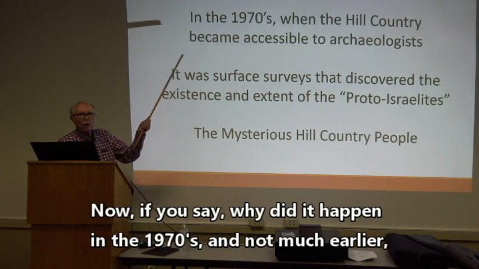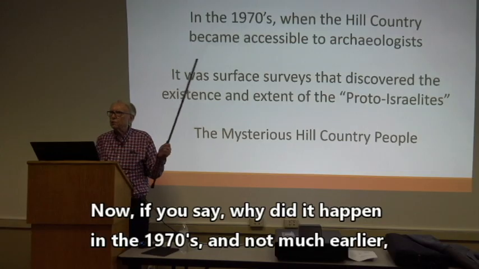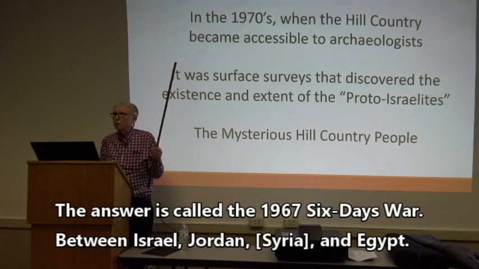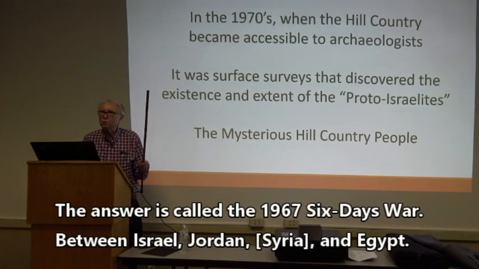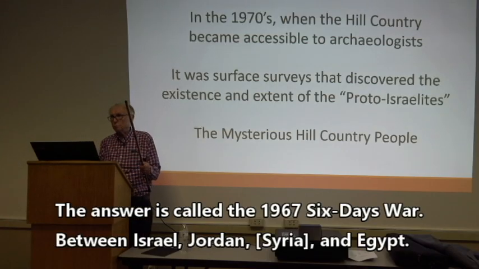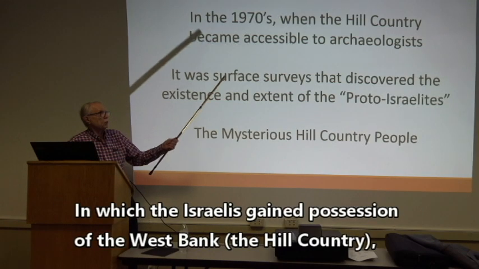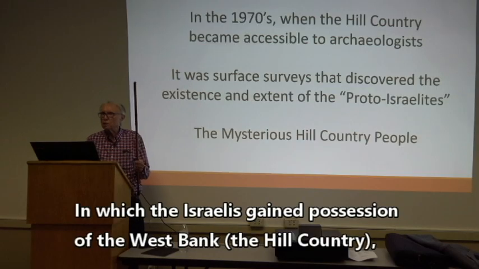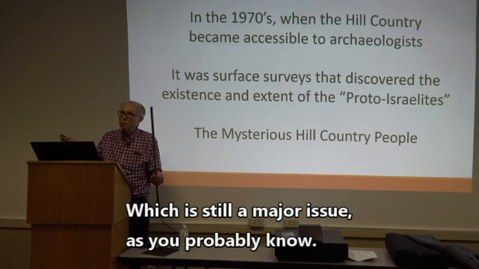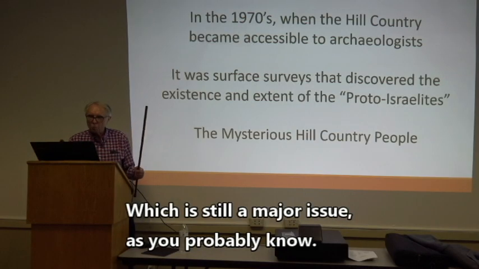Now, why did it happen in the 1970s and not much earlier? The answer is the 1967 Six Days War between Israel and Jordan and Egypt, in which the Israelites gained possession of the West Bank, which is still a major issue, as you probably know.